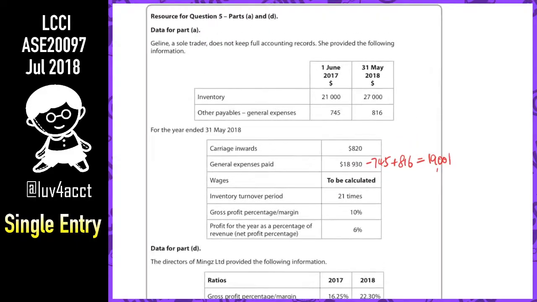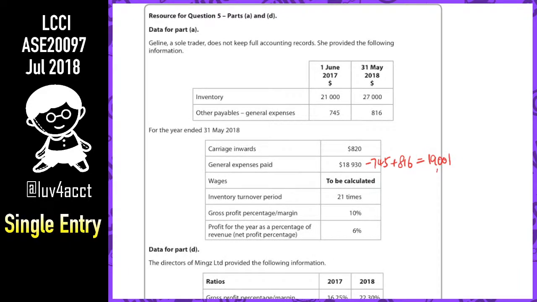Okay, so let us take a look again. Okay, we have opening and closing inventory. We have gross profit margin, profit for the year, expenses paid, wages we don't have. Okay, inventory turnover period, good.